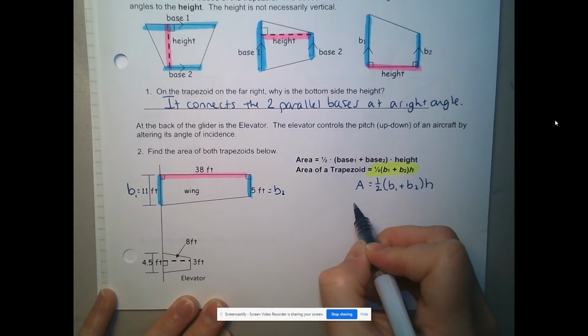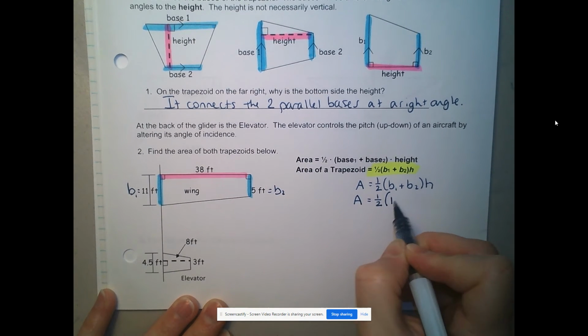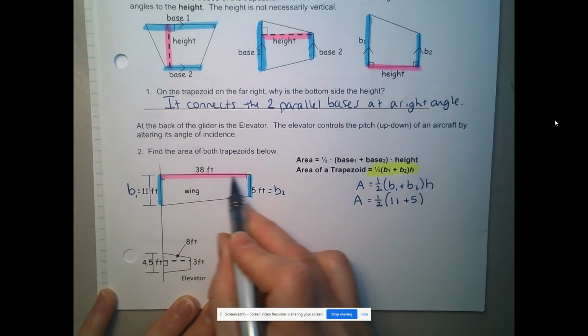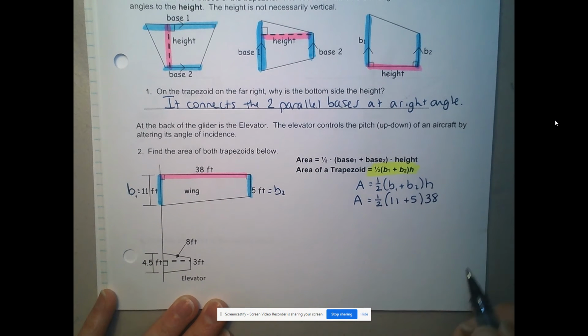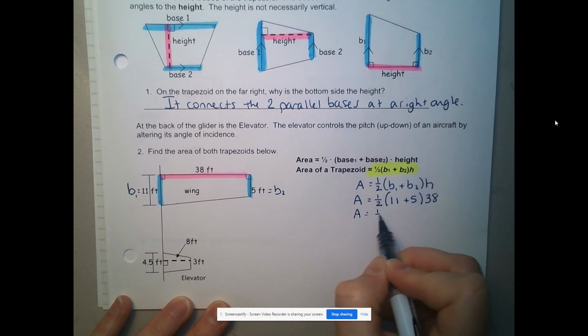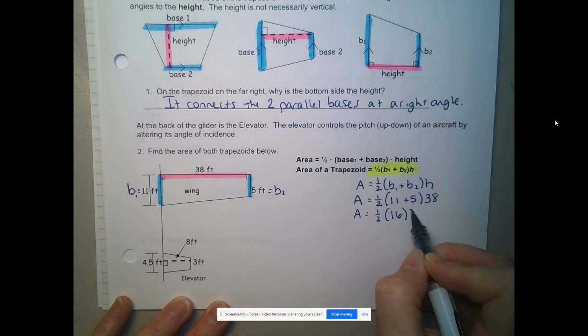So I would have area, which is what I'm looking for, 1/2. In the parentheses, I'm going to add the bases together, 11 plus 5. And then the height, which is the pink right angle side that connects them, in this case is 38 feet. So parentheses first, 1/2, inside the parentheses, 11 plus 5 is 16, and then times the height, 38.